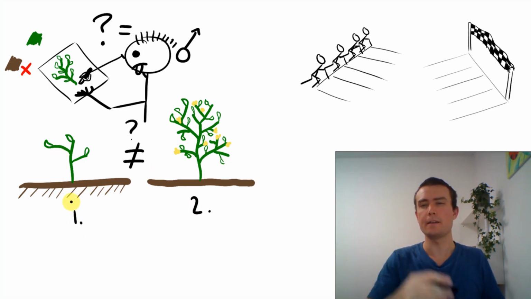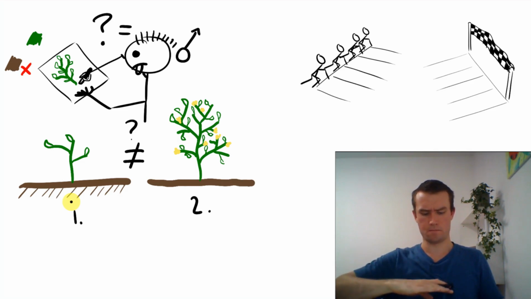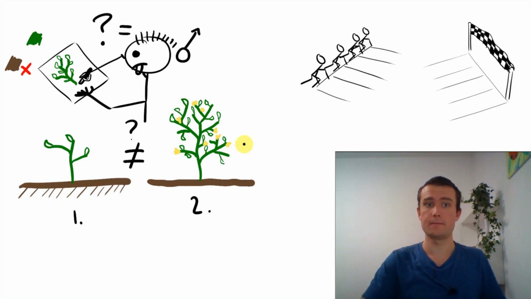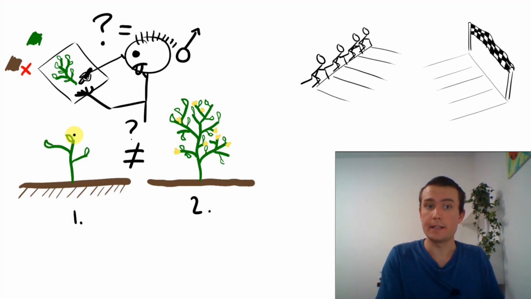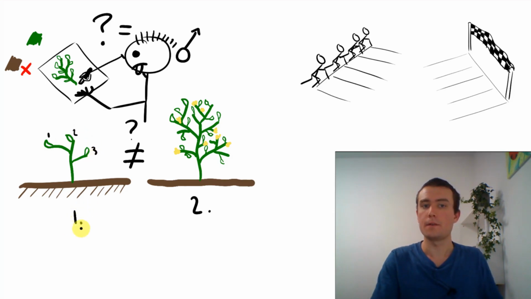The first plant is shorter than the second plant. The first plant has 3 leaves. These are leaves. 1 leaf, 2 leaves, 3 leaves. The first plant has 3 leaves.